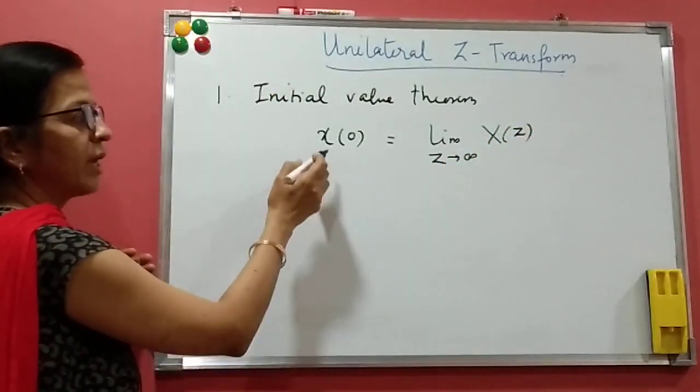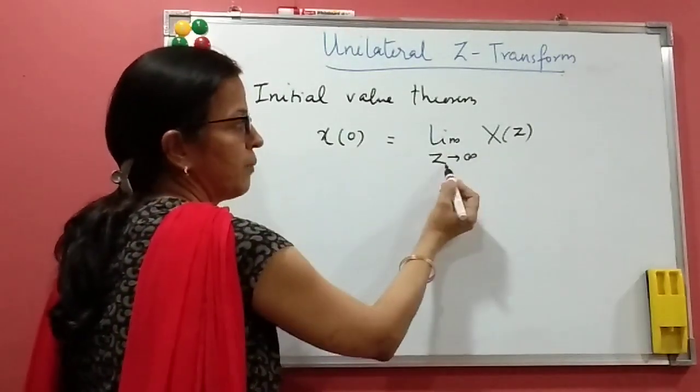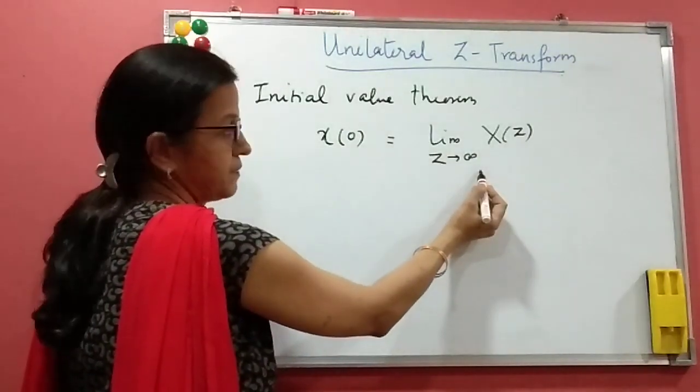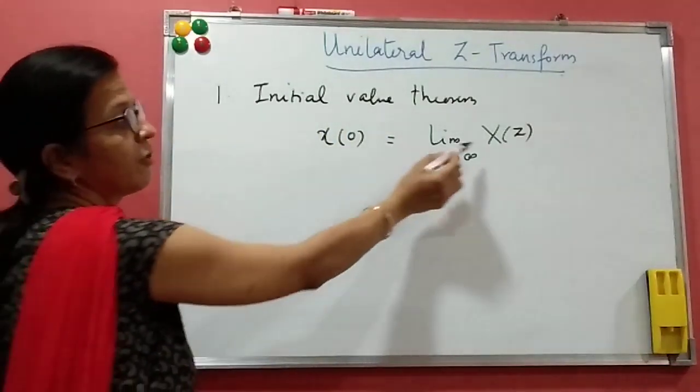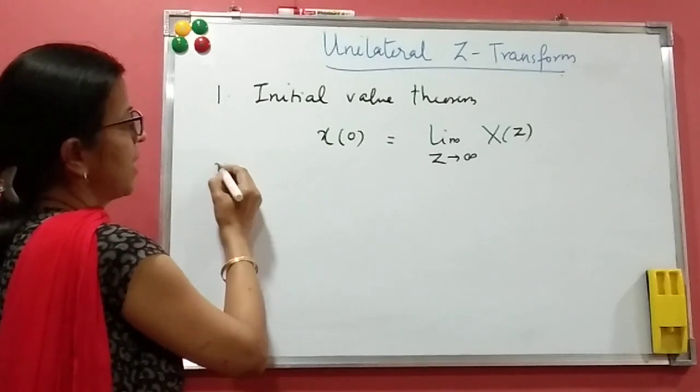That means the initial value can be obtained from x of z by putting the limit z tends to infinity. This is called the initial value theorem because we are finding the initial value of the signal from x of z.